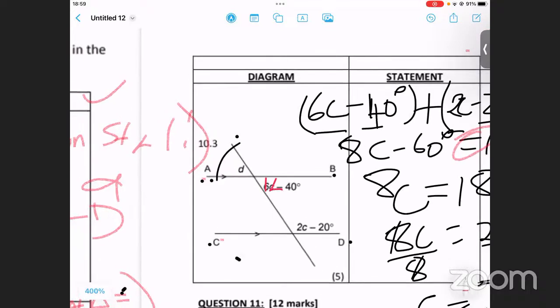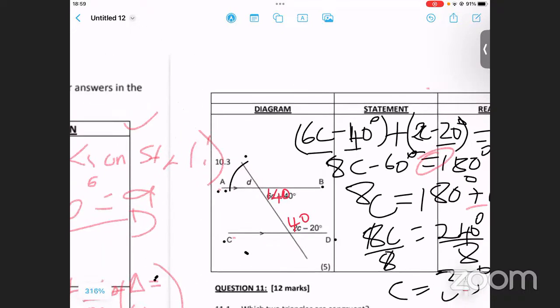You said it's 140 here, and then you said it's 40 here. How much is it? Okay. Ma'am, I think D is going to be 140 because of vertically opposite angles.